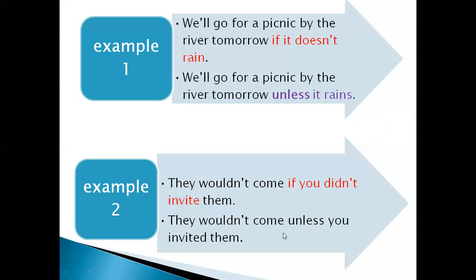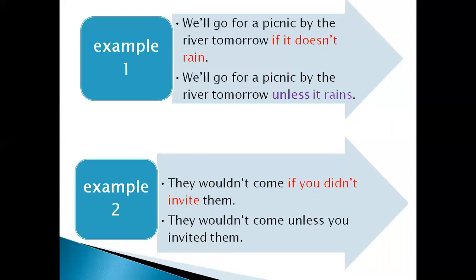They wouldn't come unless you invited them. Now with unless, we don't use the negative, as we mentioned, so we use the affirmative form of the verb. The affirmative form of the verb in the simple past tense is verb two or verb with ed.